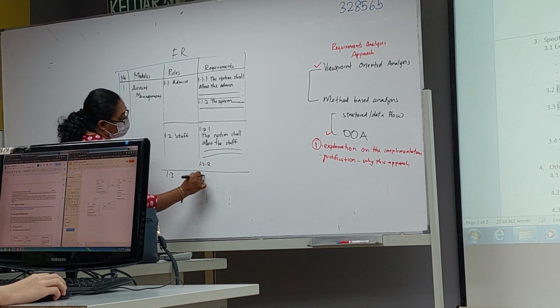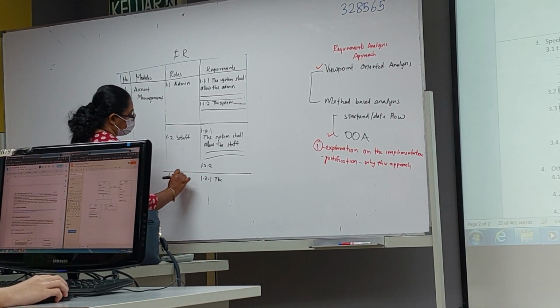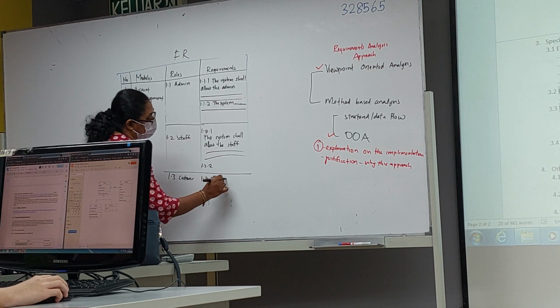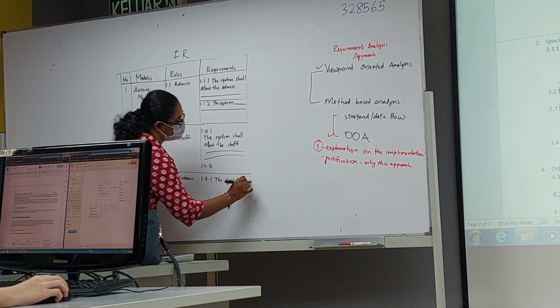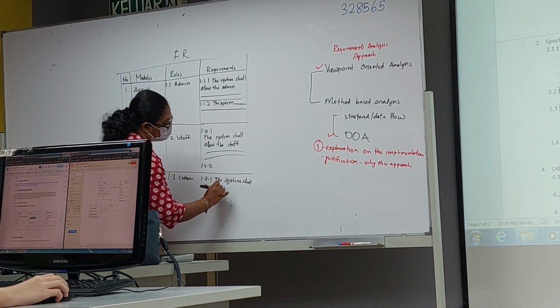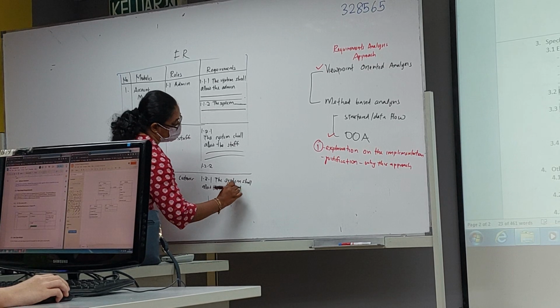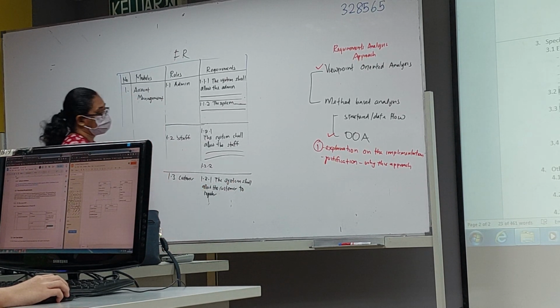So 1.3.1, the system shall allow the customer to register, and so on.